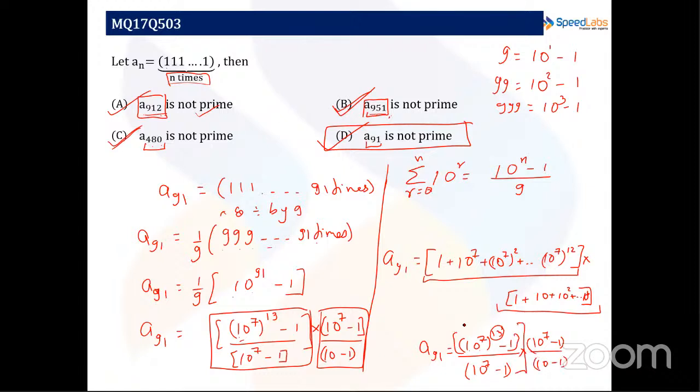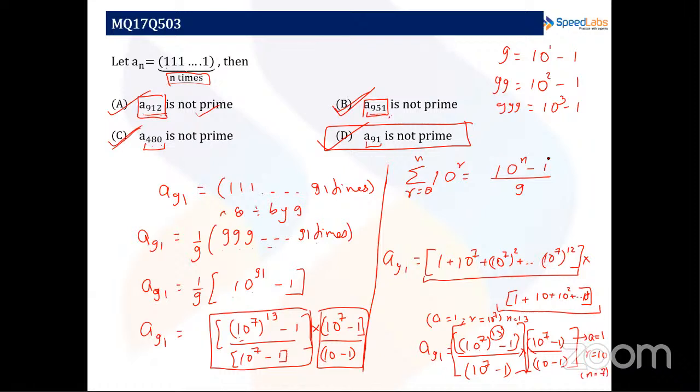So here we can see that this A91 is the sum of two GPs. The first GP whose first term is 1 and common ratio is 10 to the power 7. The second GP whose first term is 1 and common ratio is 10. Here the number of terms are 13 and here the number of terms are 7.